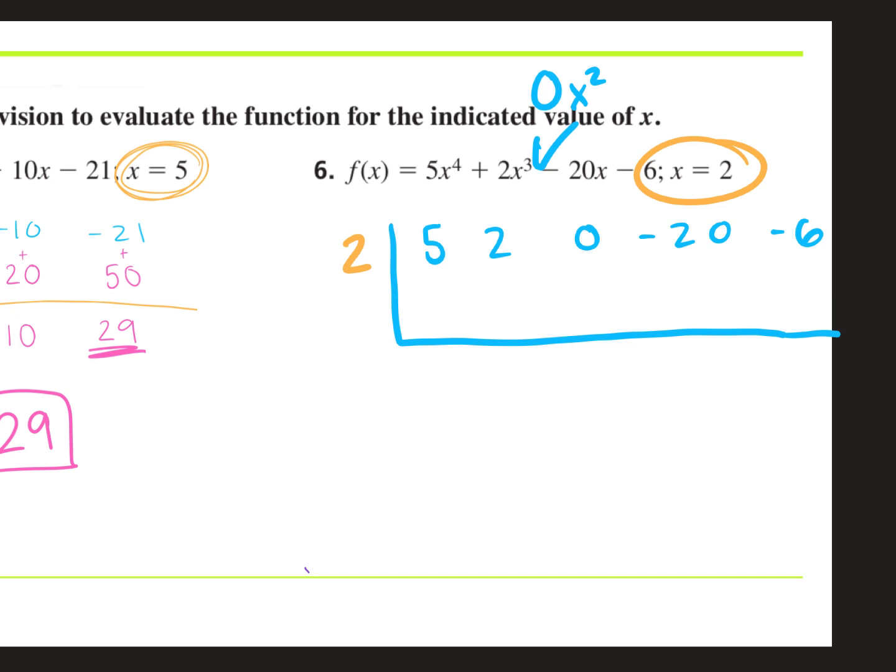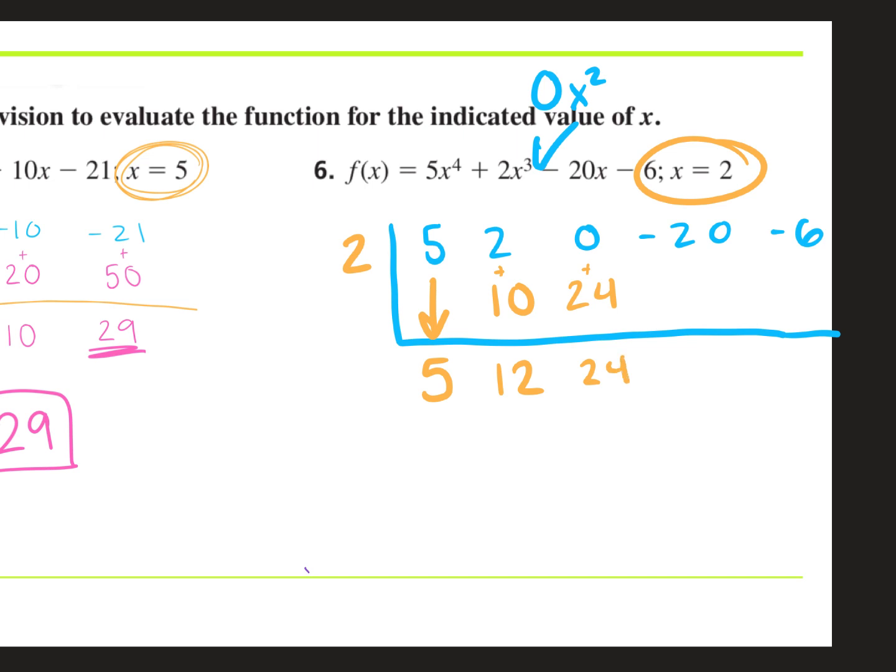What's the first thing I do to solve? Drop down the 5. What do I do next? Multiply. We get 10. Add 12. Multiply. Add 24.